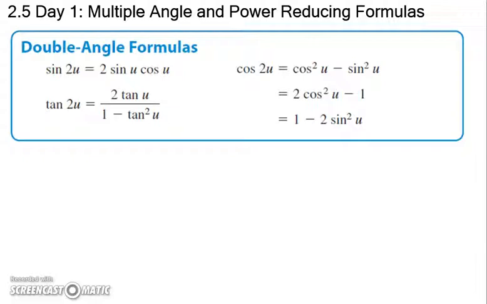Cosine 2u, you notice, has squares, and that's because the sum and difference formula for cosine of u plus u would be cosine squared u minus sine squared u, and that's where the sine and cosine squares are coming from. And then these two down here are just turning the sine squared into 1 minus cosine squared, and vice versa here, turning the cosine squared into 1 minus sine squared.